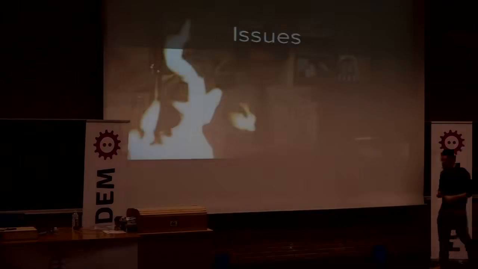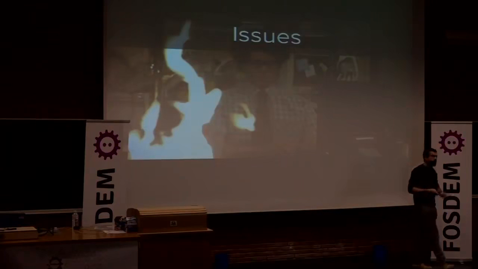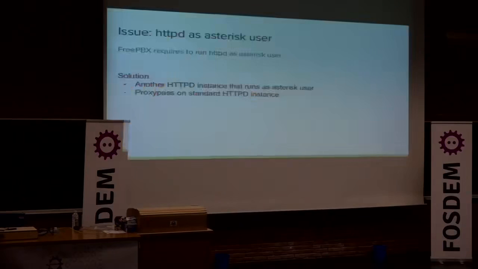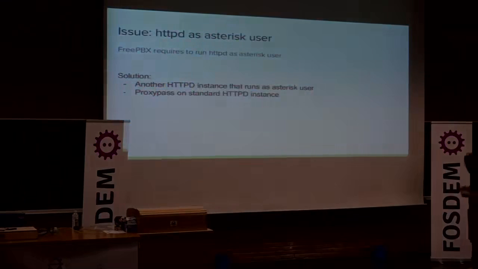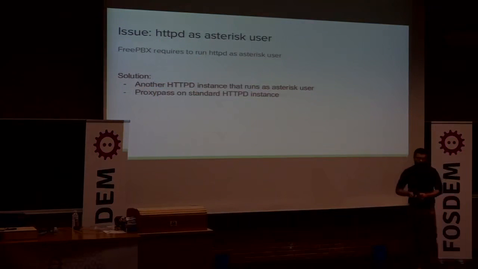Okay, let's now see what issues you encounter when you try to package those applications, and also similar applications. First of all, FreePBX requires HTTPD to run as the asterisk user, and this is quite simple to solve.